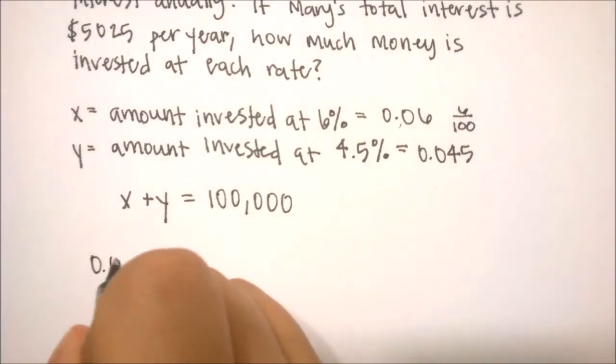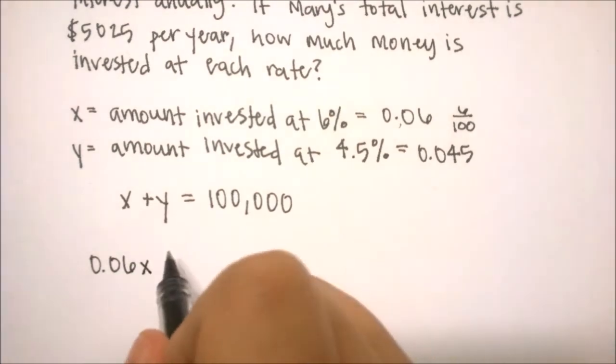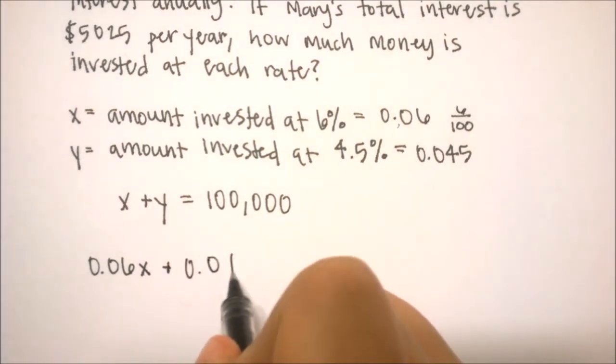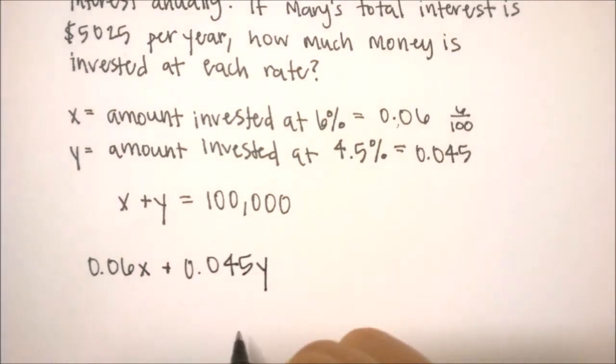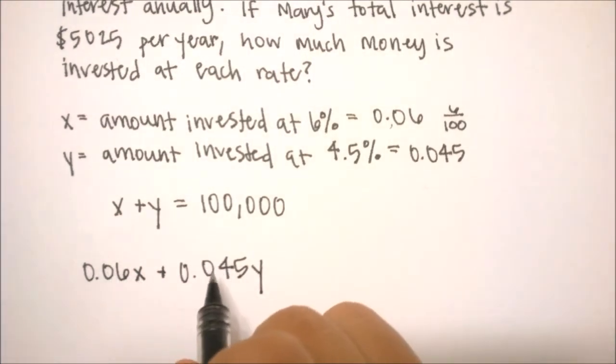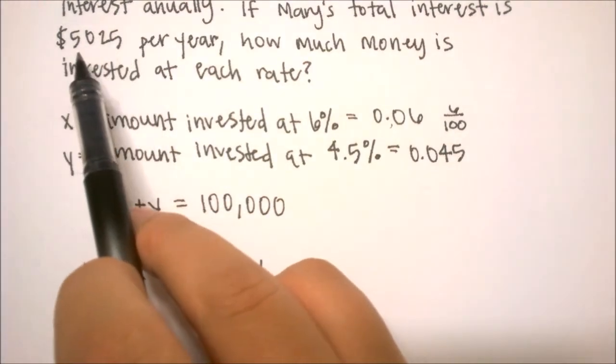So 0.06x plus 4.5%, 0.045y. That's the amount at 6% plus the amount at 4.5%. If we multiply and add, we should get 5,025, right?